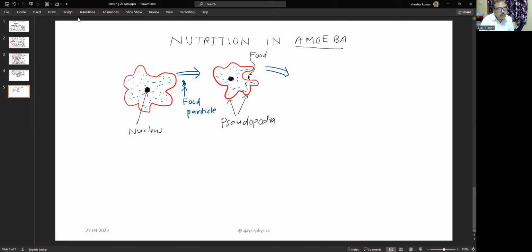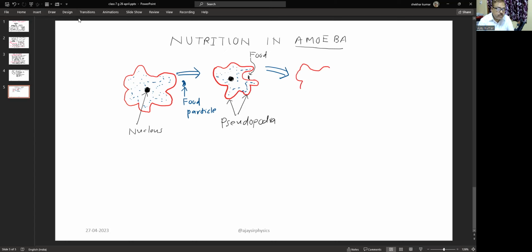In the next stage, you can see here how the amoeba has taken the food into the food vacuole.